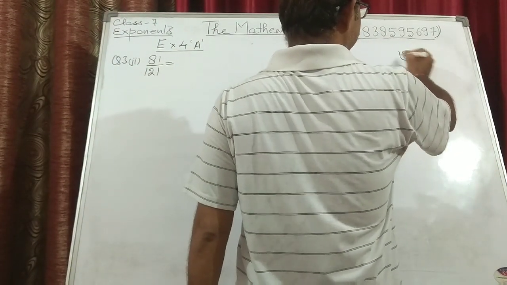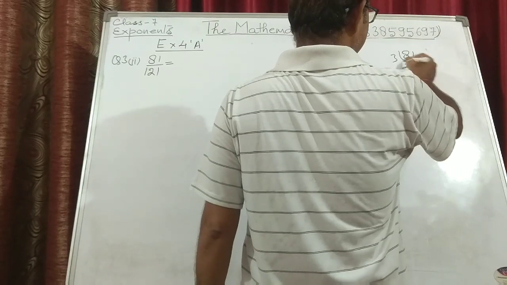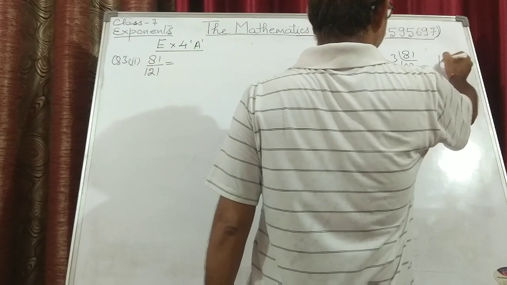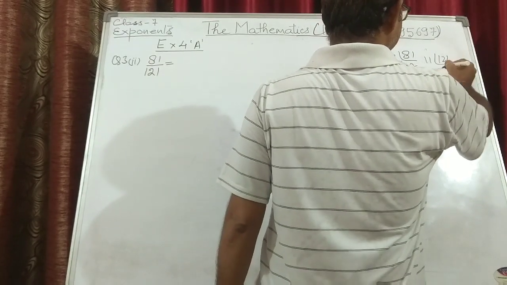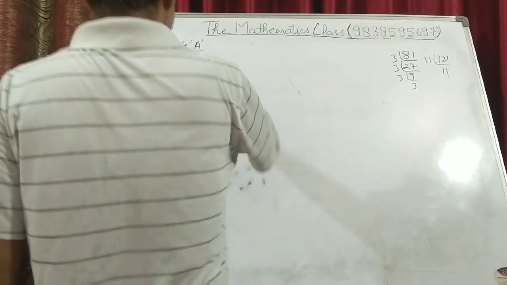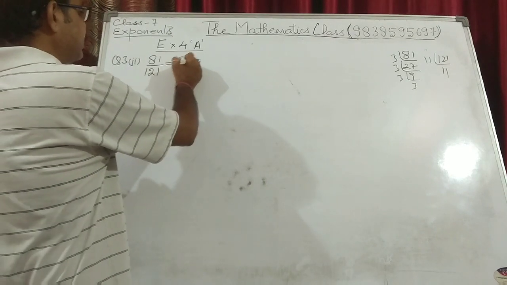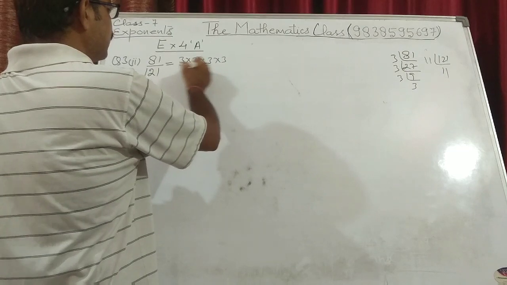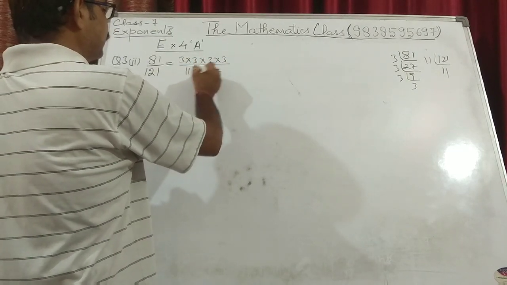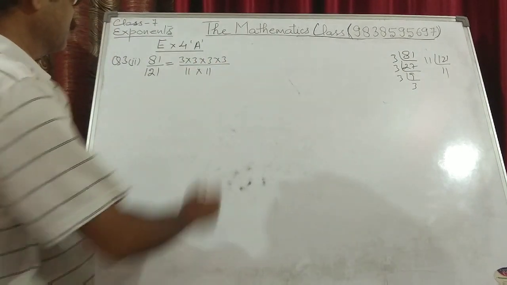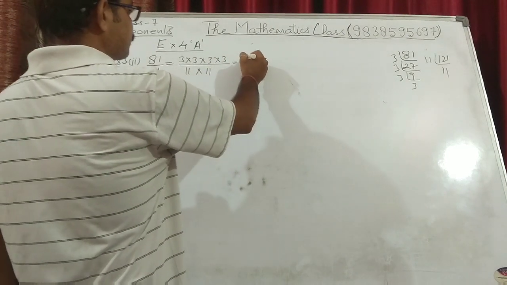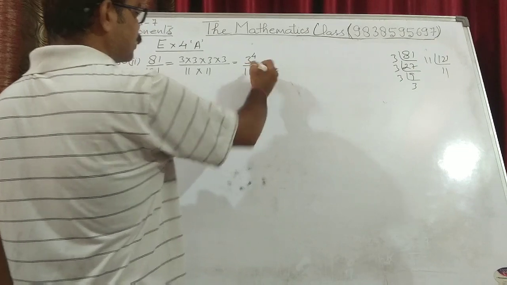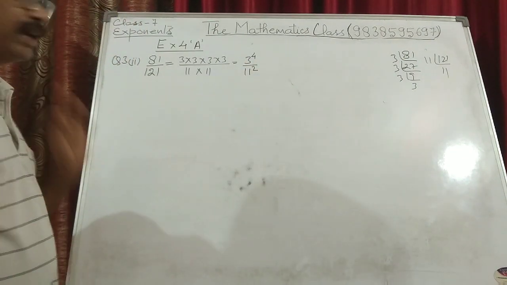So 81 means 3 27s are 81, and 3 9s are 27, and 3 3s are 9. And 121 means 11 into 11. Now this can be written as 3 into 3 into 3 into 3 upon 11 into 11, which is 3 to the power 4 upon 11 to the power 2. This is one way.